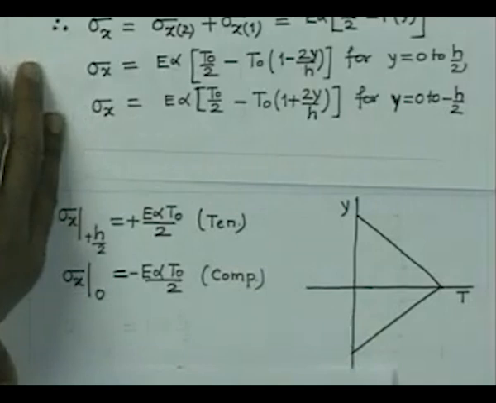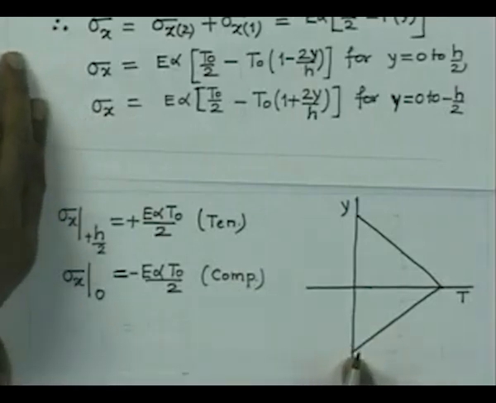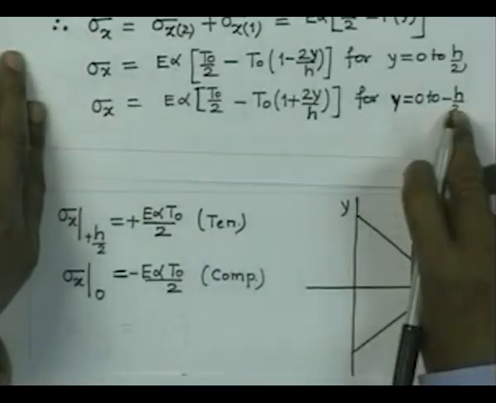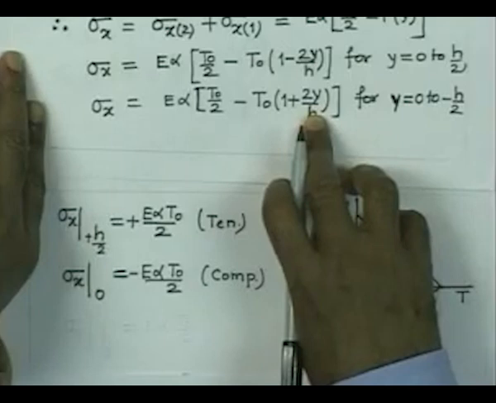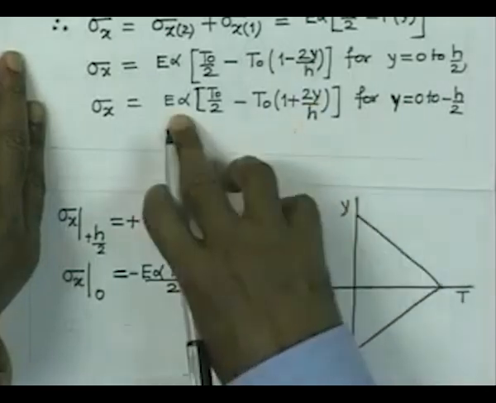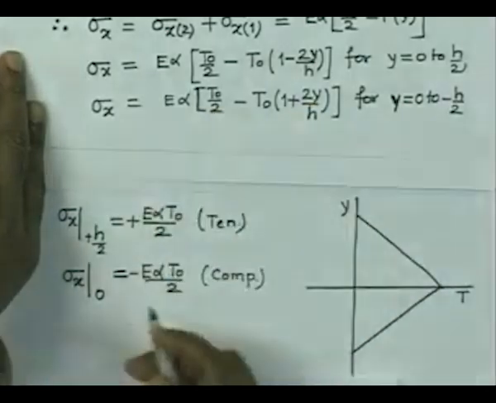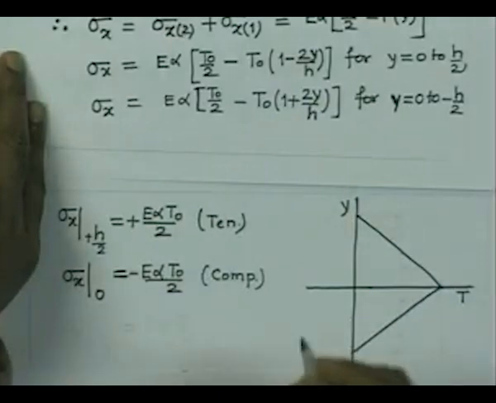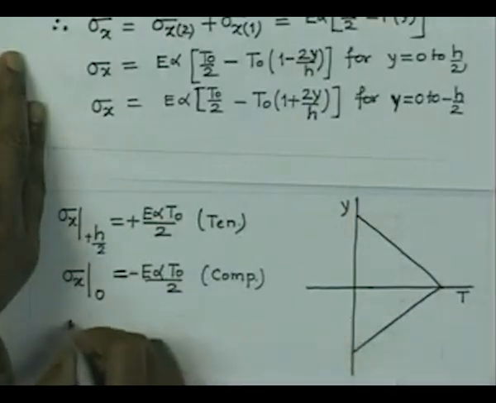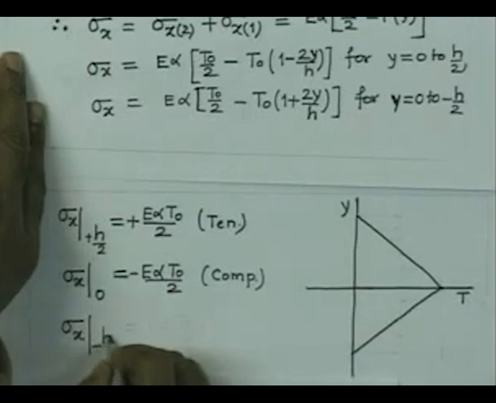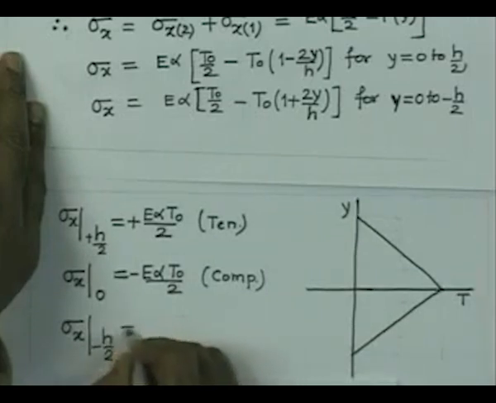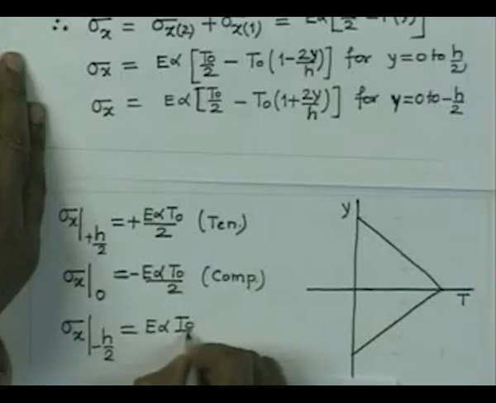Similarly, if you consider the stress at the bottom fiber, you have to put y equal to minus h by 2. So, this cancels out and we are left with only this one. Again, it is the same as the stress at the top fiber, E α T0 by 2.